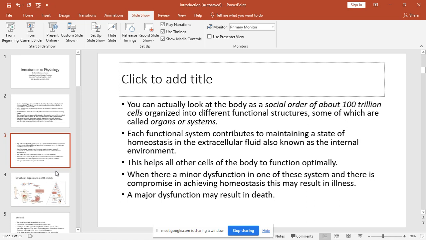If there's a disruption, let us say that a certain system is not working right in the body, and because of that you have a disturbance to this constant environment, or homeostasis. Because that system is not performing its job, you can look at it like this: you guys are in service, you are working.